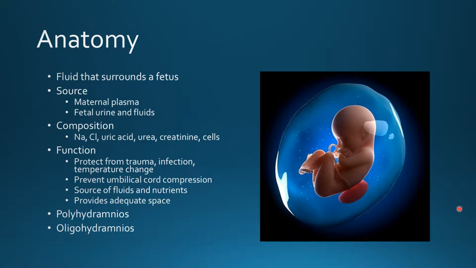You'll also start to see, it's not shown in this lovely little cartoon here, but this fetus is actually covered with a fine, soft hair called lanugo, and that lanugo will shed as the infant nears term, and that'll increase the cloudiness of the fluid as well.